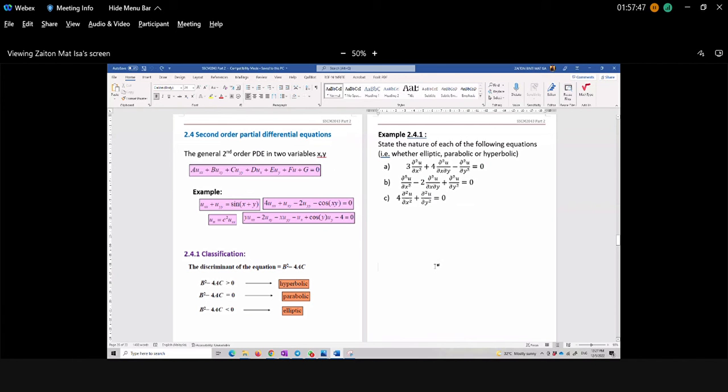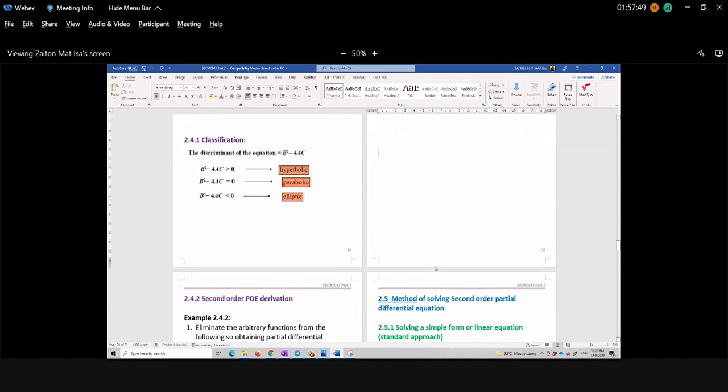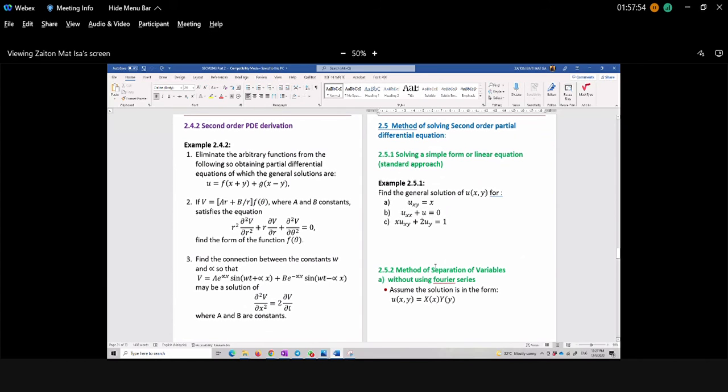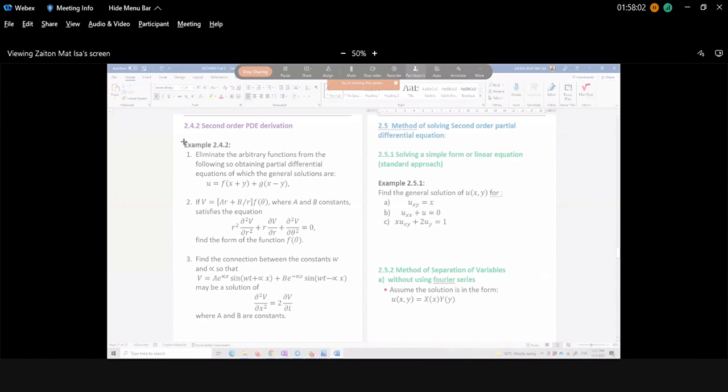Okay, and that is a bit of classification. Okay, this is second order PDE derivation. So we go by example. The same concept as the first order from the other day.